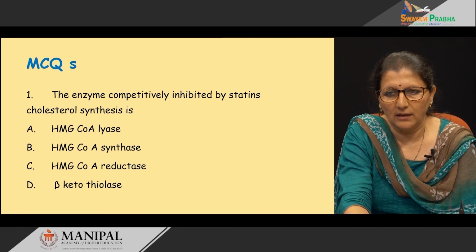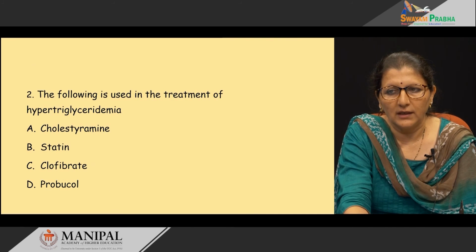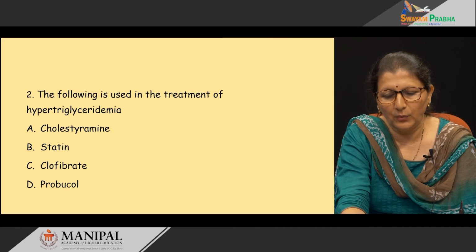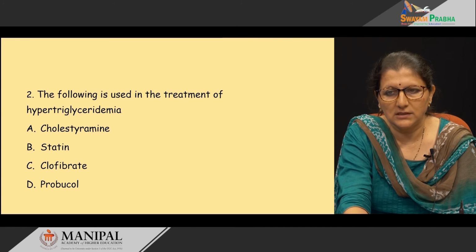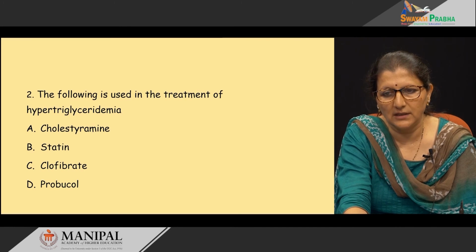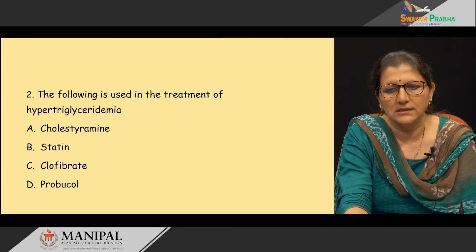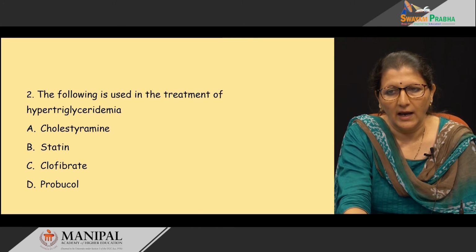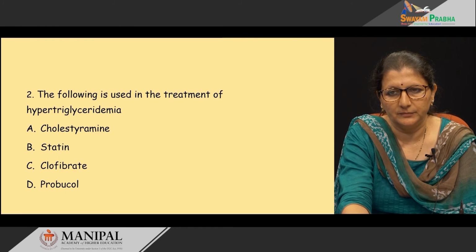Coming to the second MCQ: the following is used in the treatment of hypertriglyceridemia. There is a list of hypolipidemic drugs. Which one is used for hypertriglyceridemia? Among these, it is clofibrate, which comes under the fibrates.